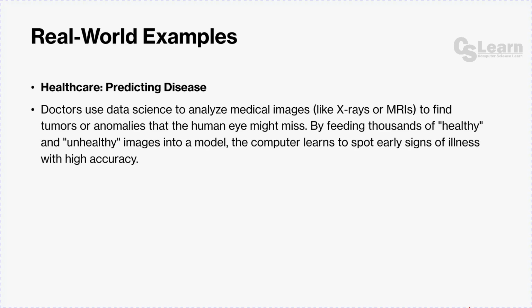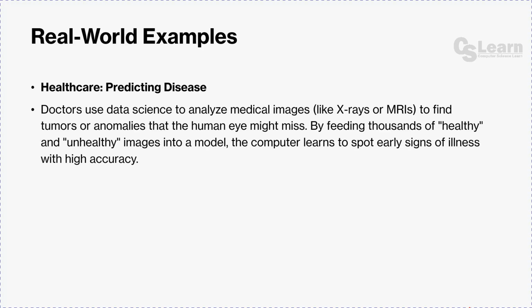Doctors use data science to analyze medical images like X-rays and MRIs to find tumors or anomalies that the human eye might miss. This sometimes happens with X-rays: doctors may miss some information from the X-rays or MRI, but the AI, artificial intelligence, never does.